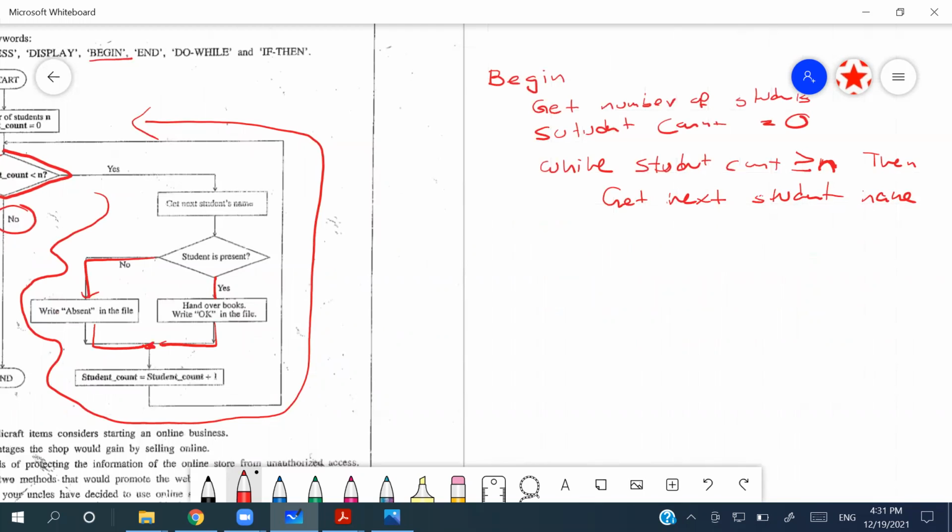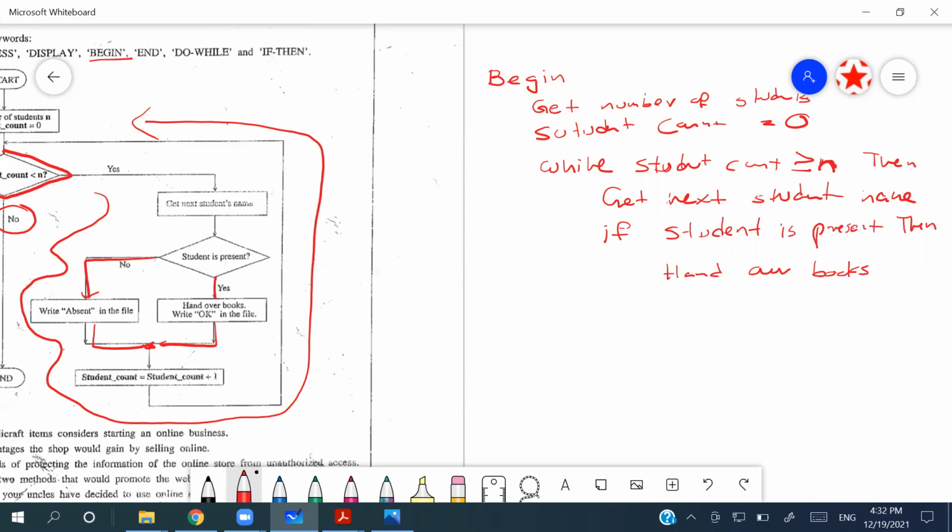Get next student name, then you have to say if student is present, then in the yes part you have to say hand over books.